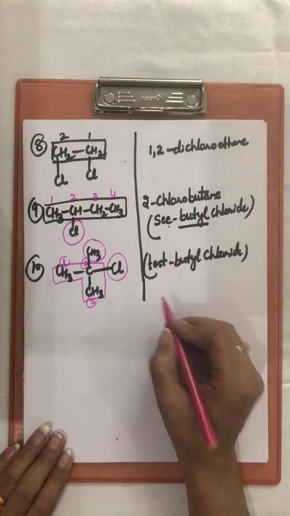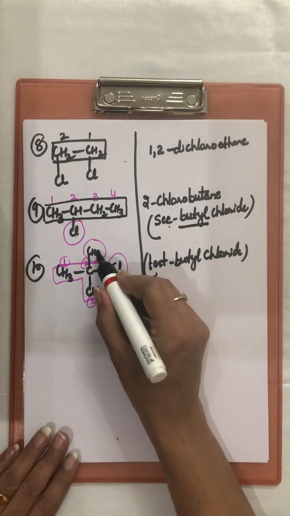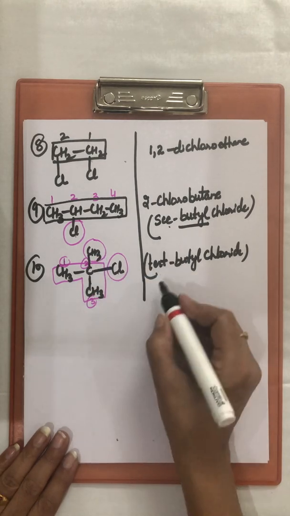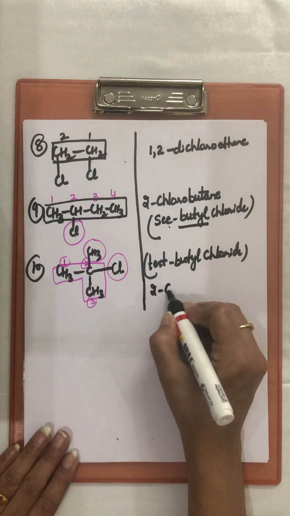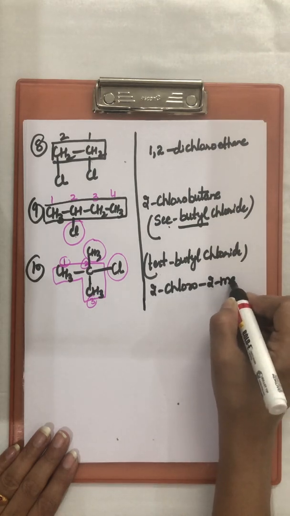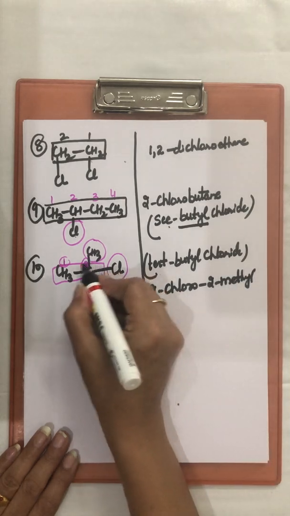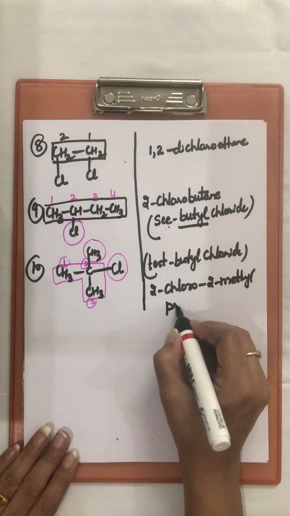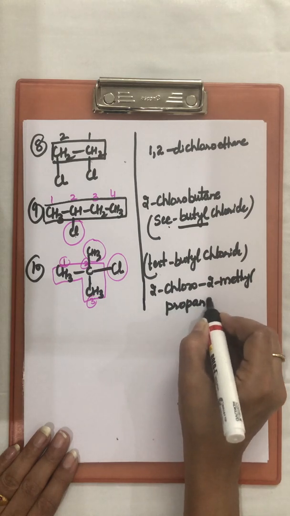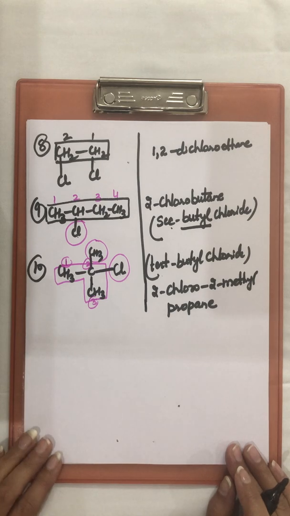Write the names in alphabetical order. First will be Cl and then CH3. So with the second carbon we have chloro, and with the second carbon only we have a methyl group. So it is 2-chloro-2-methyl. Then come to the parent chain. There are how many carbon atoms? 3 carbon atoms. So this becomes 2-chloro-2-methylpropane.